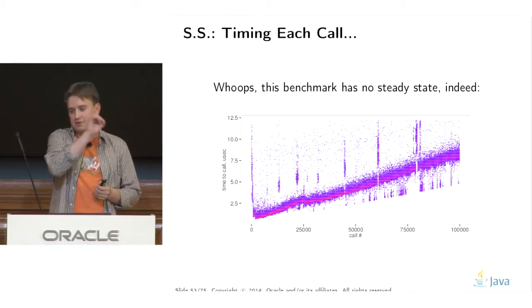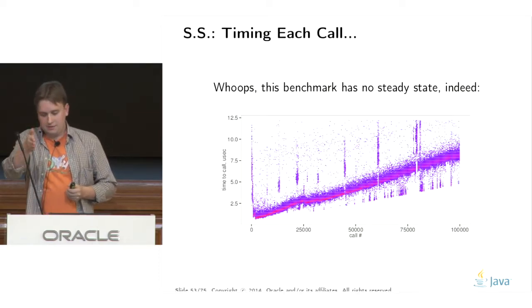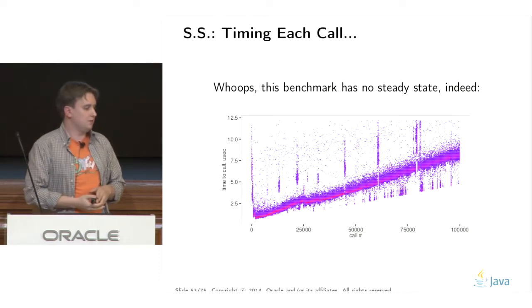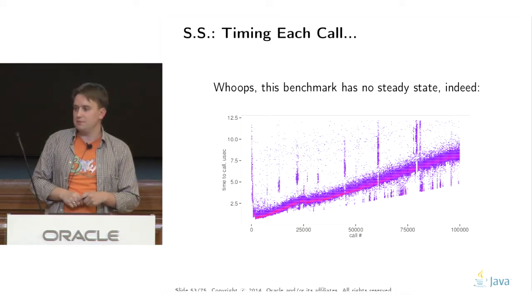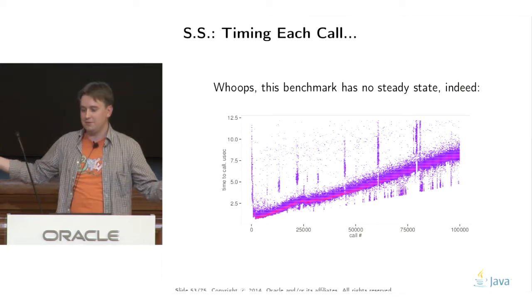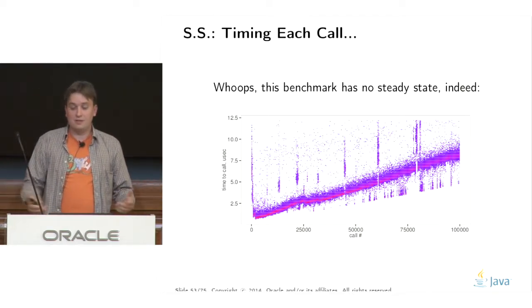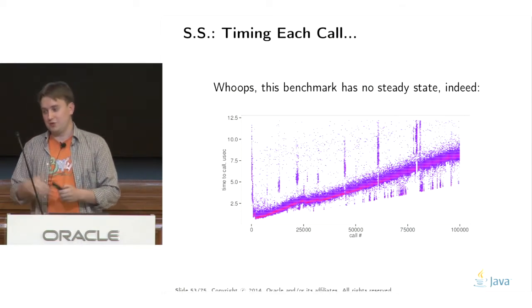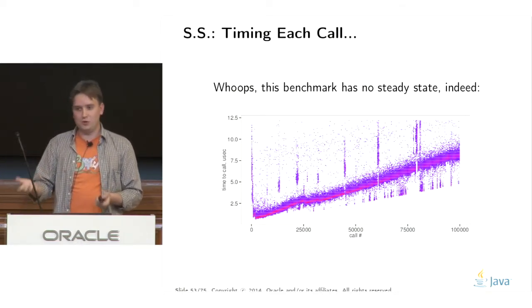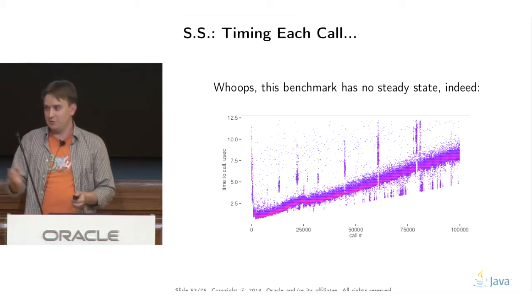The x-axis is the call number in the sequence, and the y-axis is the microseconds per call. So we can see it's linearly growing because our BigIntegers are getting larger and larger and larger, right? And so if you do a time-based benchmark, which runs for a given amount of time, the longer we run, the slower the benchmark appears because it gets slower over time.